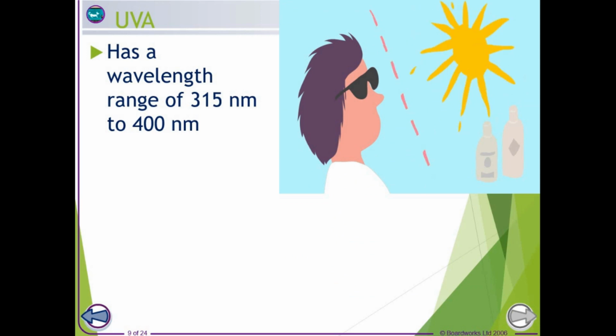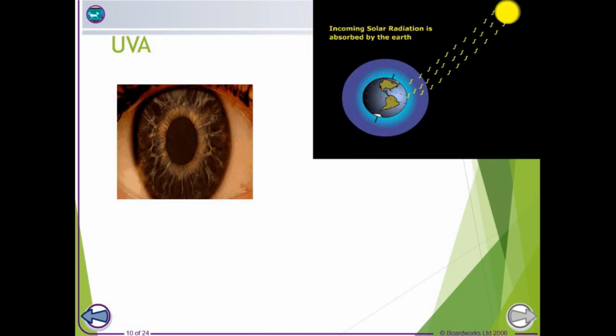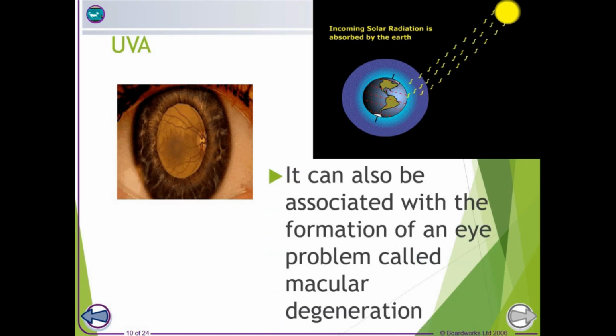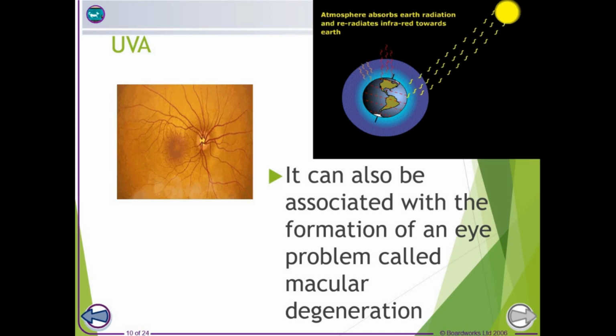It has the longest wavelength and lower energy, and due to its long wavelength, it can enter into the cornea of the eyes and reach the lens and retina. It accounts for 95% of solar UV reaching the Earth, and overexposure to this leads to cataract. It can also be associated with the formation of an eye problem called macular degeneration.